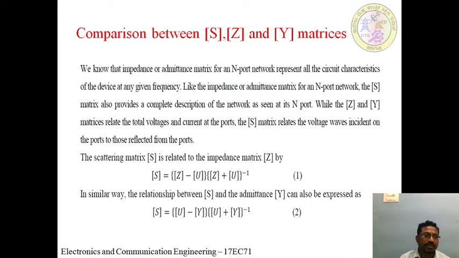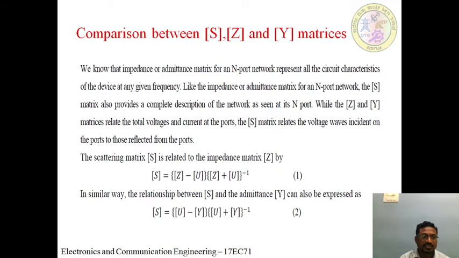Like the impedance or admittance matrix, the S matrix also provides a complete description of the network as seen at its N ports, while the Z and Y parameter matrices relate the total voltages and currents at the ports, and the S matrix relates the voltage waves incident on the ports to those reflected from the ports.